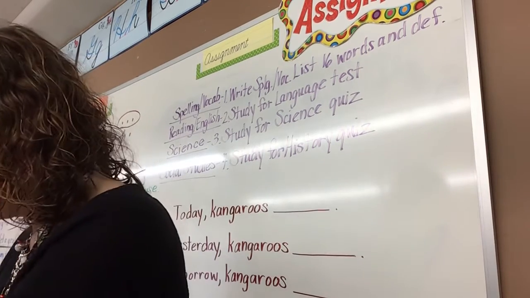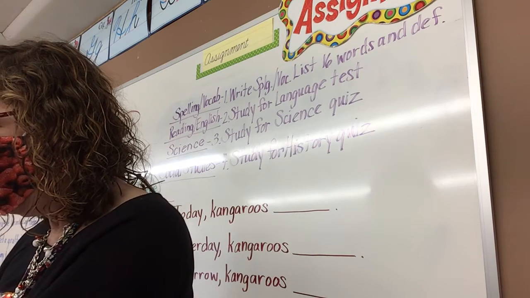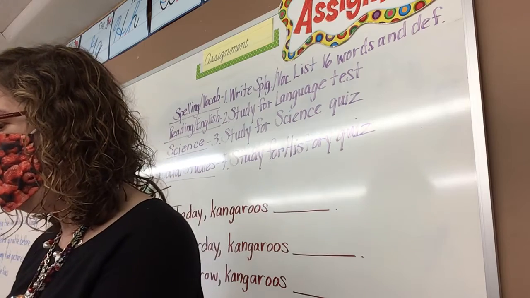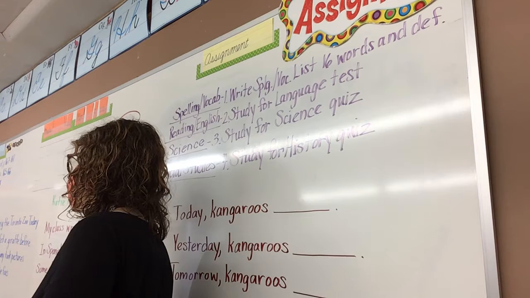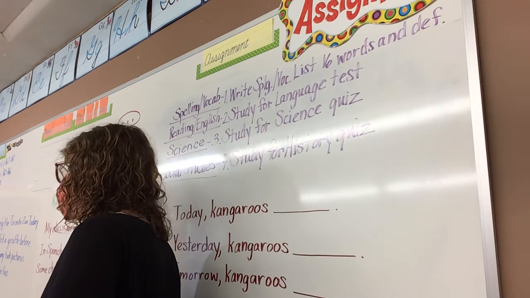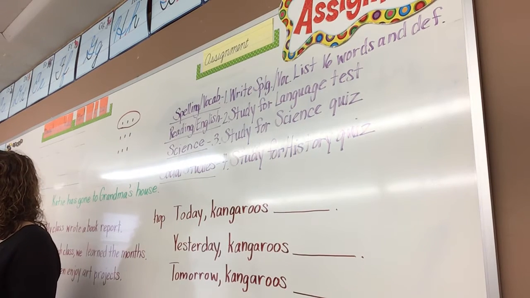Alright, this time it says 1/5 of the mugs hold hot chocolate. So how many mugs are there? 5. And what are we going to divide by? 1. No. What is your denominator? 5. So 5 divided by 5 is 0.